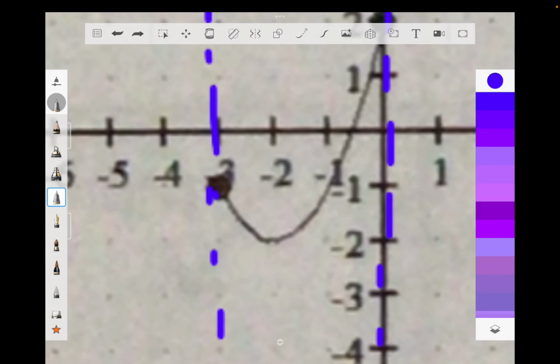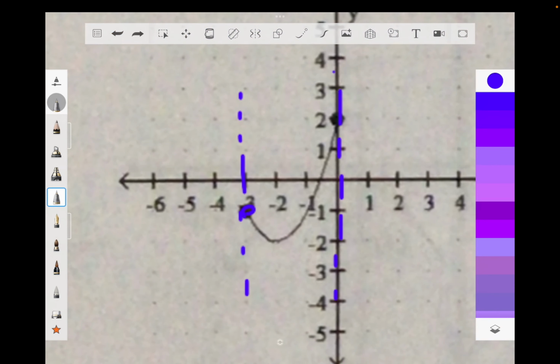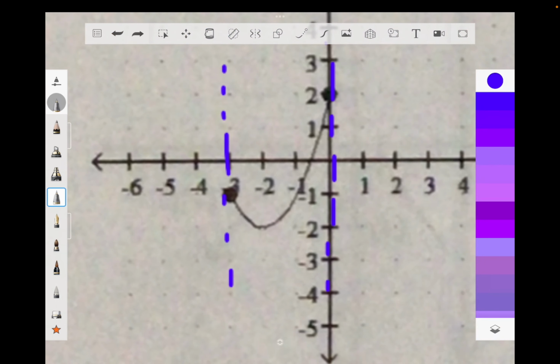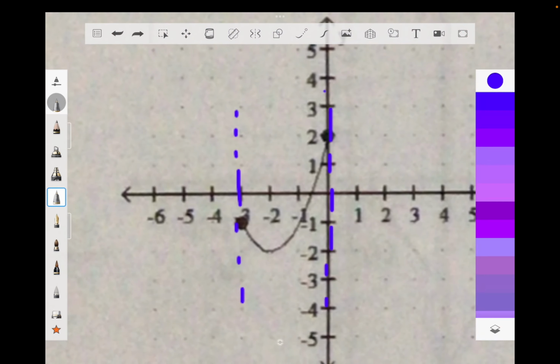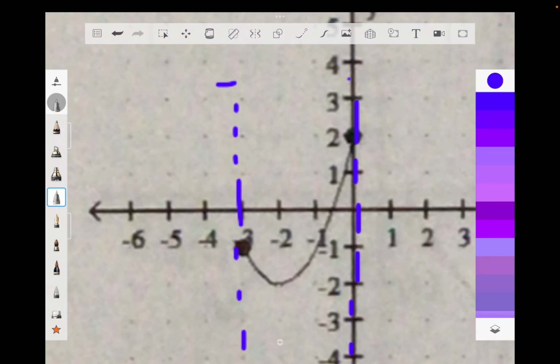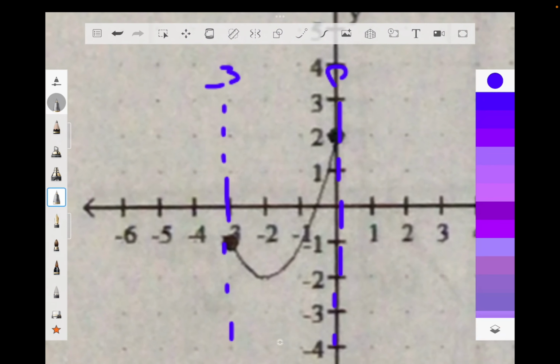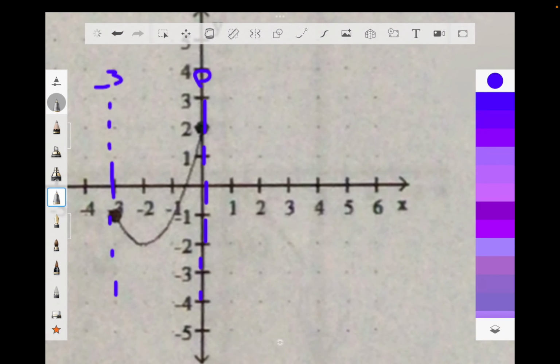And so if it was a circle, you would put the curved bracket instead of the hard bracket. So this is our domain. This is the farthest point it reaches on the x-axis. So this is -3, and this is 0 on here. So our domain is [-3, 0].